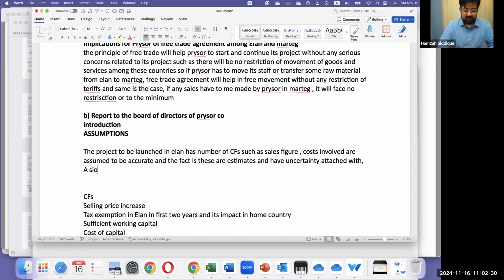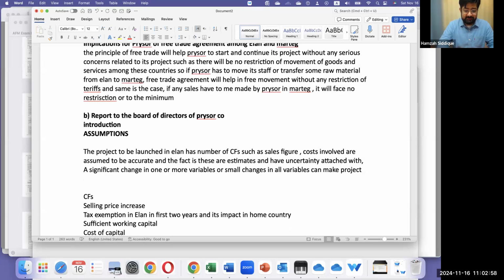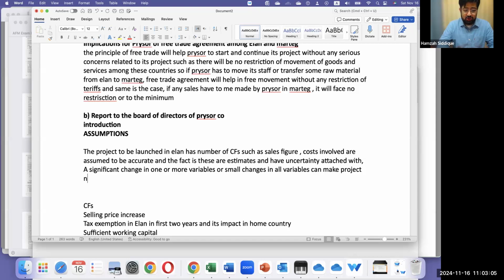A significant change in one or more variables, or small changes in all variables, can make the project not worth considering, that is, with a negative NPV.